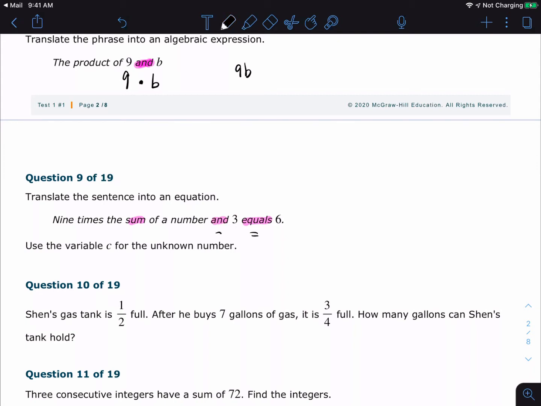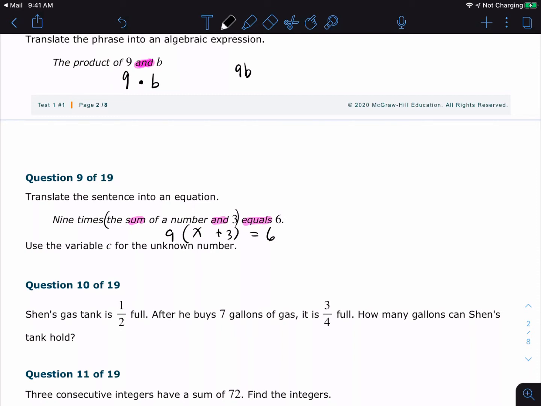So at the and is where I put plus. And since it's 9 times that, think of that as a parentheses. So I'm going to have a 3 and a number, I'll call it x. And then it says 9 times, so I just need to put the 9 there. And that equals 6. And so that's how I translate this thing.